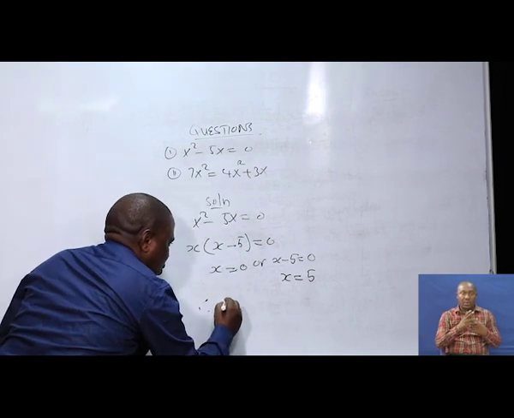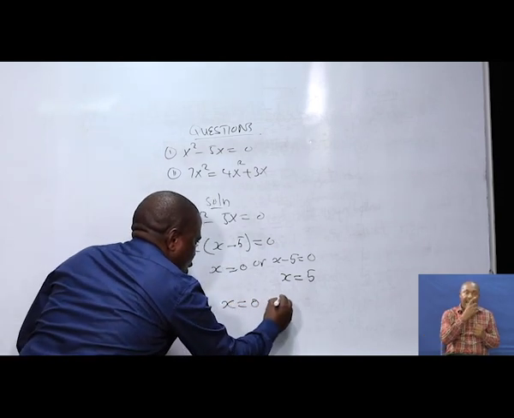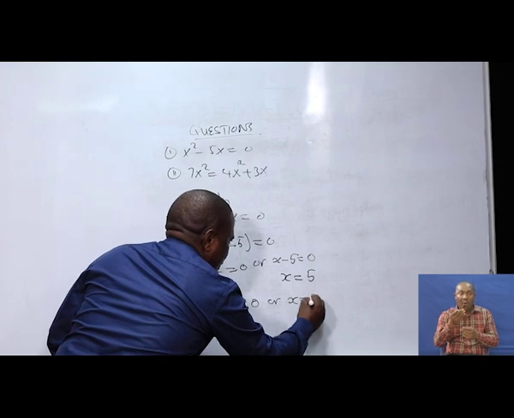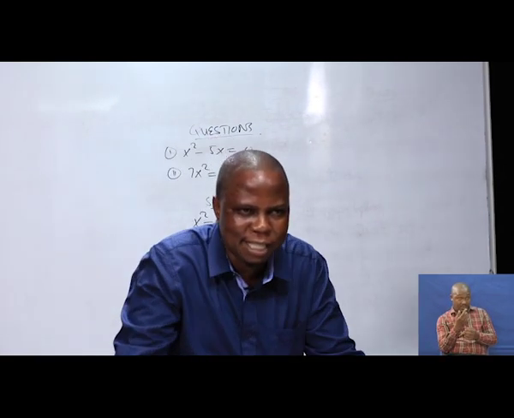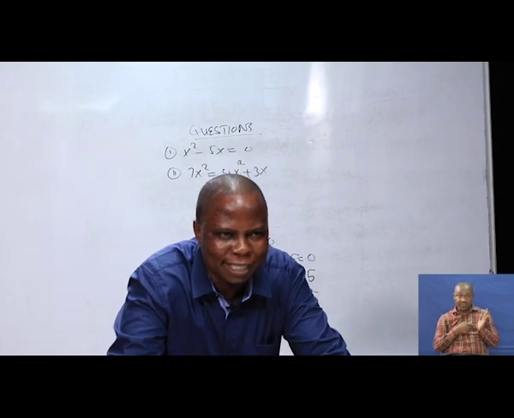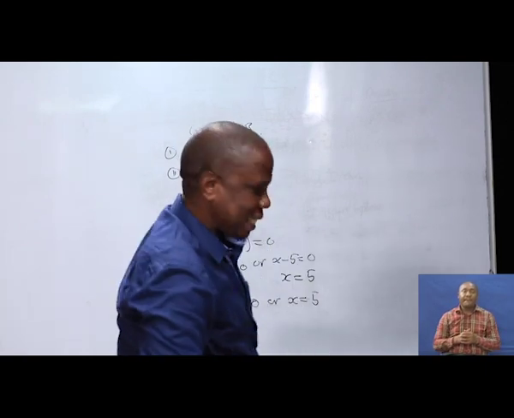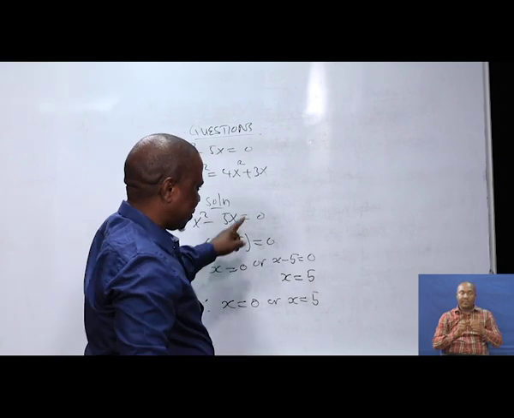Therefore, our solution is x is equal to 0 or x is equal to 5. See your solution. Is it the same as mine here? Good. The second one.